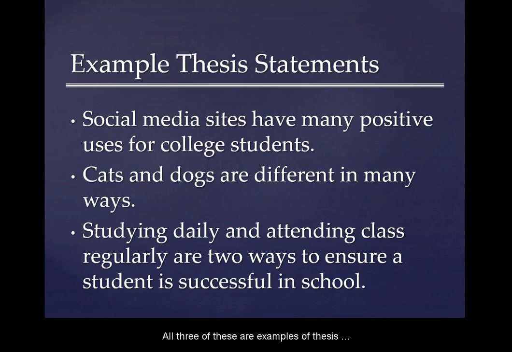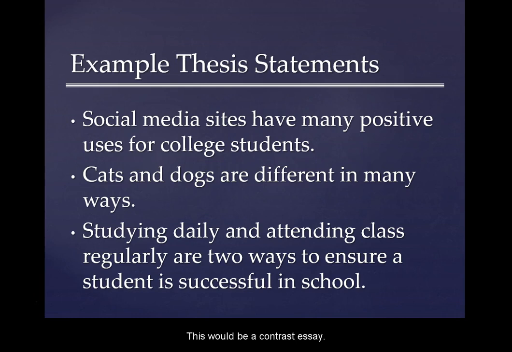All three of these are examples of thesis statements because the writer is trying to convey a point or a position. The first example is suggesting that social media sites are positive for college students. It's an argument. The second one talks about cats and dogs and how they're different in many ways.